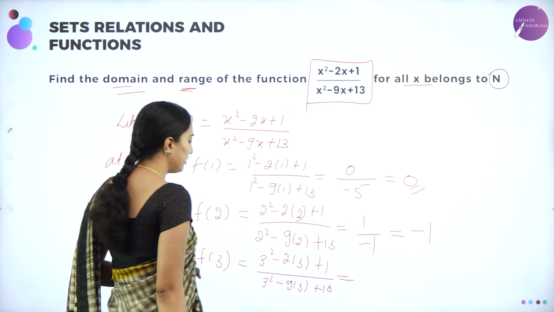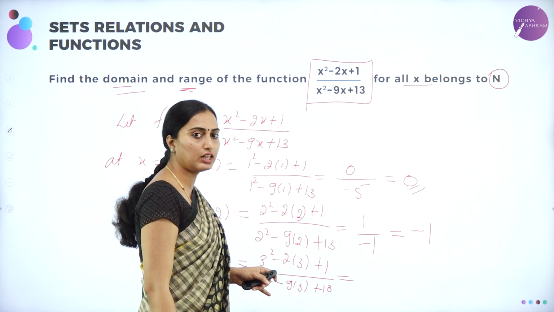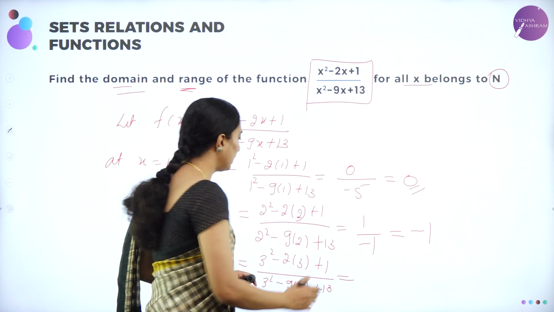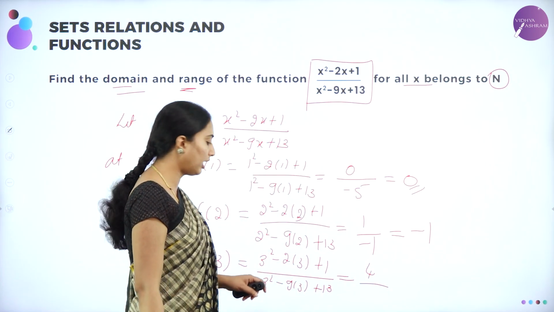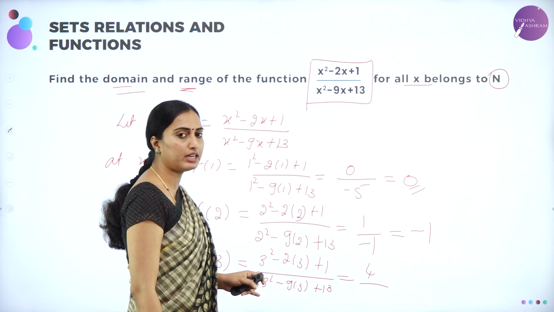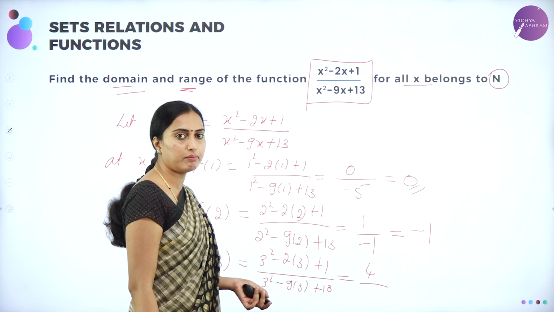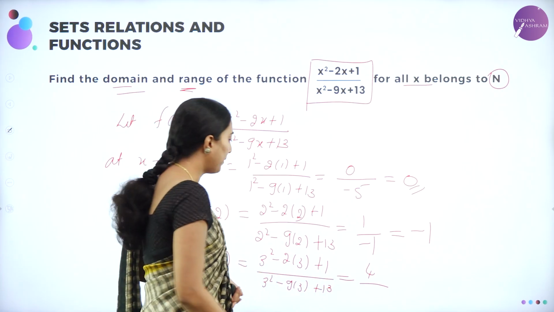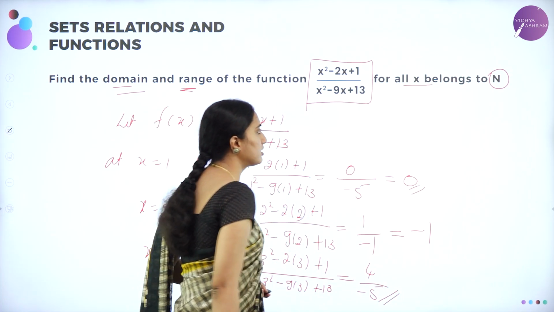So let me calculate this. 3 squared is nothing but 9. 3 twos are 6. 9 minus 6 is nothing but 3. 3 plus 1 is nothing but 4 divided by, here again 3 squared is nothing but 9. 9 threes are 27. 9 minus 27 is nothing but minus 18. Minus 18 plus 13 is nothing but minus 5. Isn't it? So minus 4 by 5 is your answer.